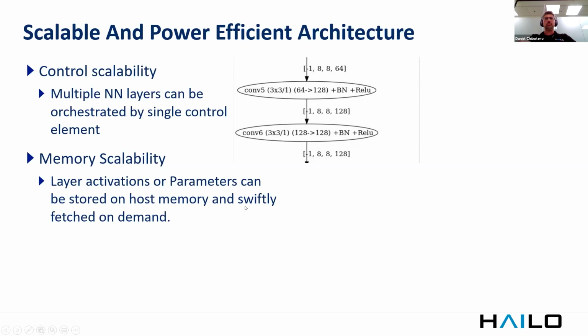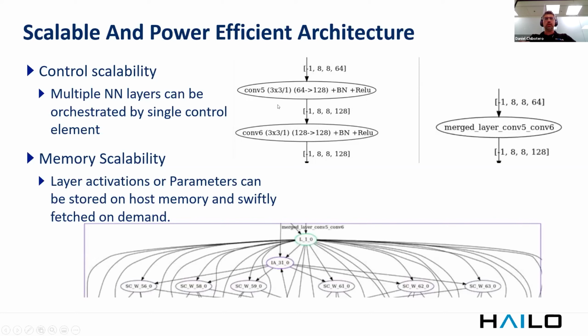We have a possibility in our software to merge two different layers in the network graph into a single layer and then deploy it, as can be seen here below, to a single control element in our hardware. And in this case, we are able to reach the control deadlock at a later phase.